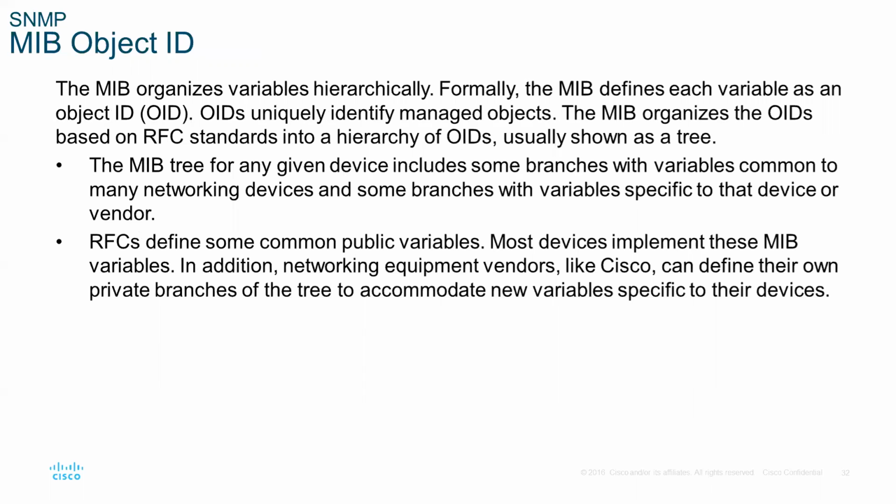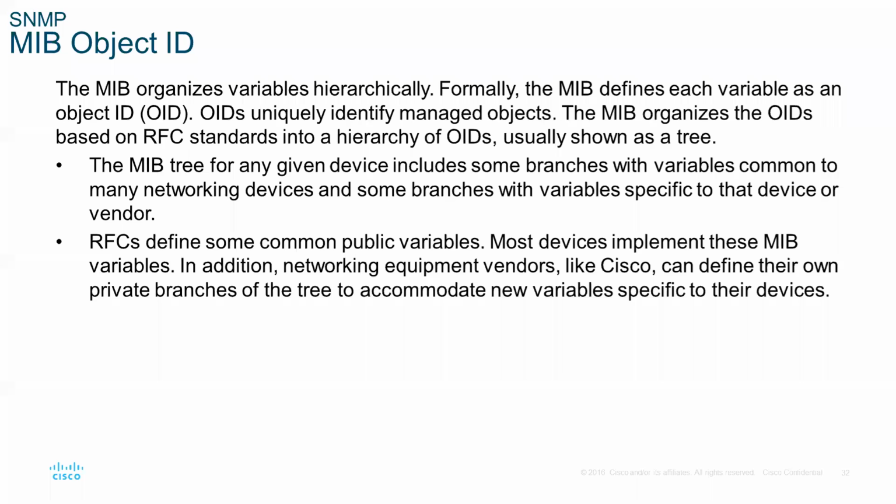The object ID is the name of the variable, and is basically used to identify what's going on from within the information base. Now, some variables are common public variables.